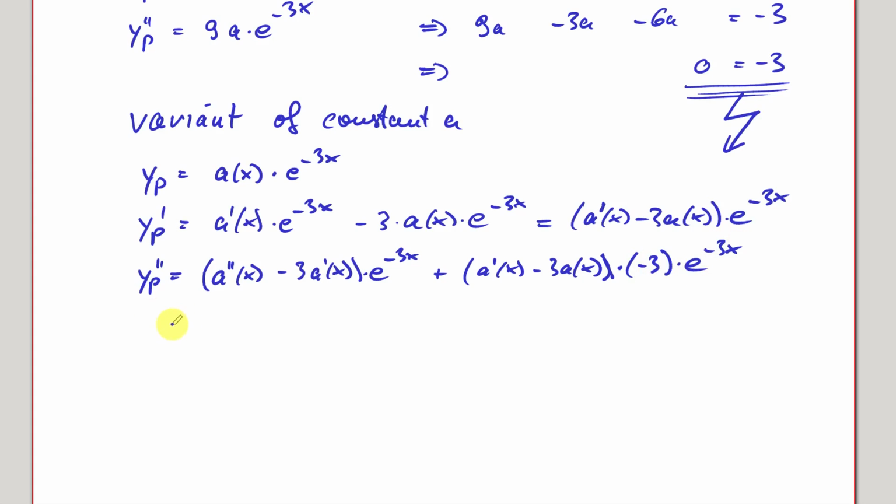So now we have y double prime, and we can simplify this to a double prime, and we have minus 3a prime, and together with this minus 3 over here we have minus 6a prime of x in sum, and we have plus 9a of x, because we have minus 3 here, minus 3 there, so that leads to plus 9, times e to the power of minus 3x.